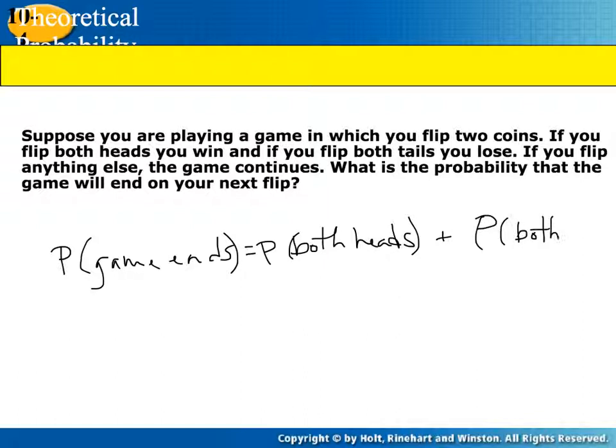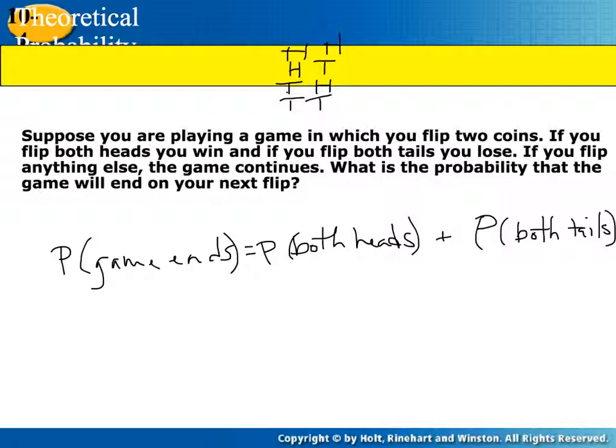So when I look at these problems, the only way the game ends is if I get both heads or both tails. All right, so we talked about this before. I'm flipping 2 coins. What are the possible outcomes I could have? Well, I could flip a heads, then another heads. I could flip a heads and then a tails, flip a tails and then a heads, then flip a tails and a tails. So I want to figure out, of these 4 outcomes.